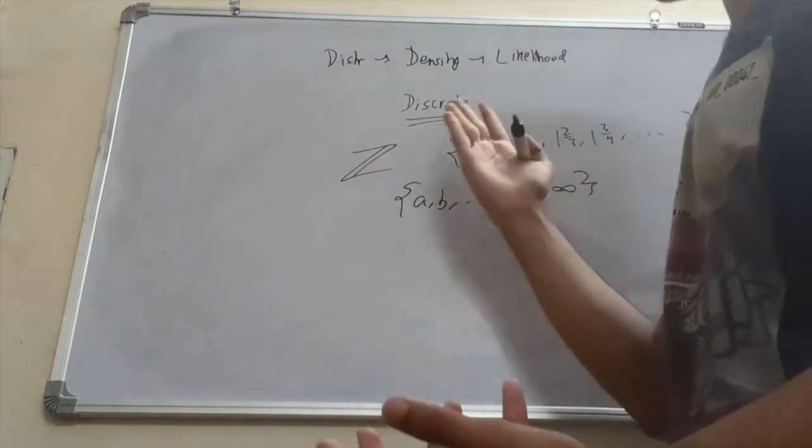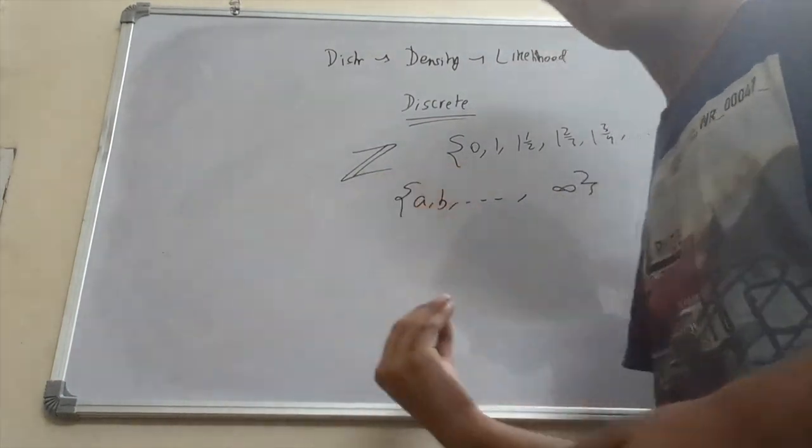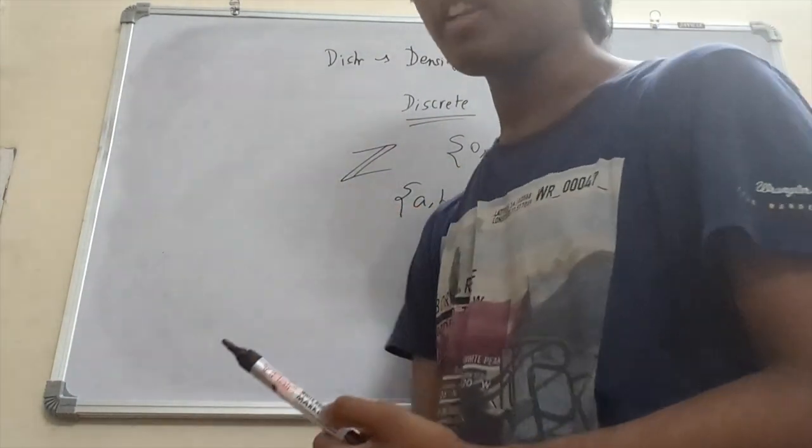That's the definition of discrete: any countable set, countably infinite or countable finite.